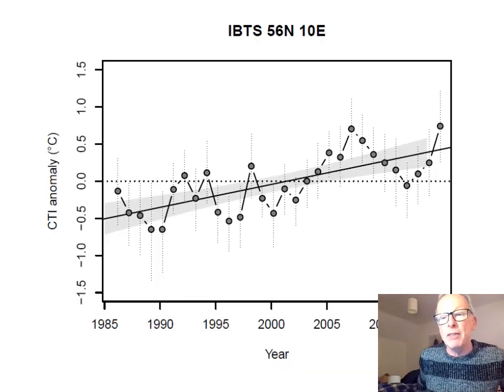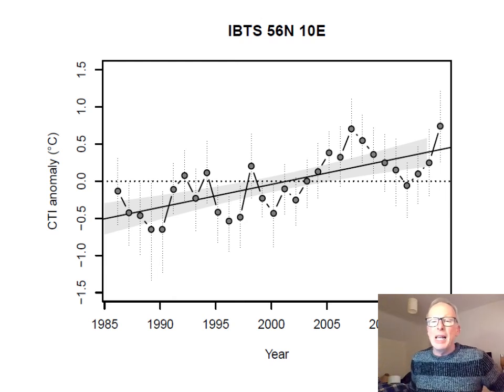And if you look at trends over time, then you can see in some places clear shifts from cold water species towards warm water species, here expressed by that community temperature index anomaly, expressing basically the difference between an annual value and the long-term mean for that particular box. This IBTS here stands for International Bottom Trawl Survey, at 56 north, 10 degrees east, somewhere in the North Sea.